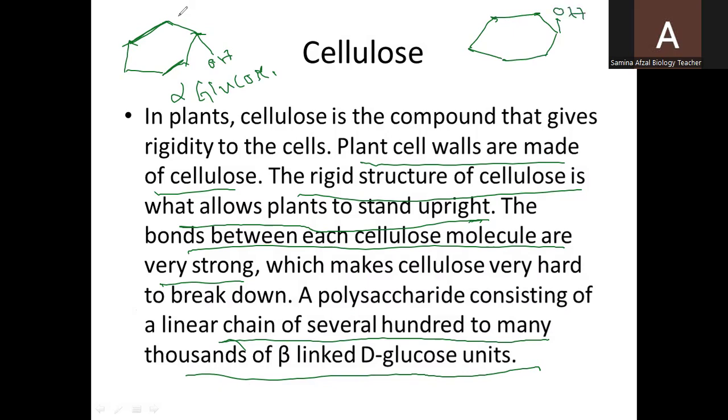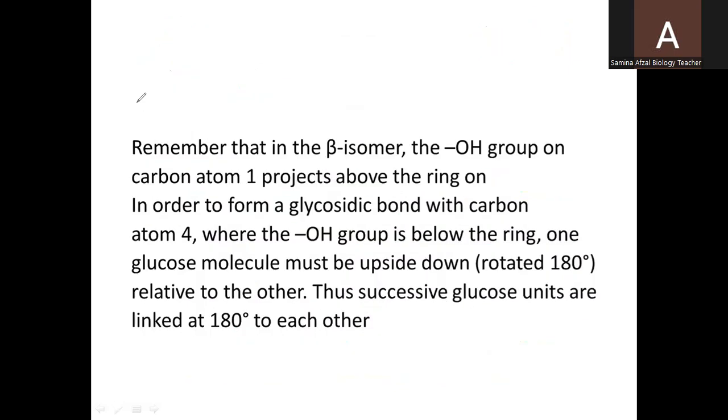Again, it is a long chain of beta glucose. So again, there is formation of a glycosidic bond between the beta glucose molecules. But here, there is a 1,4 linkage, that is a 1,4 linkage in this way, as you can see.